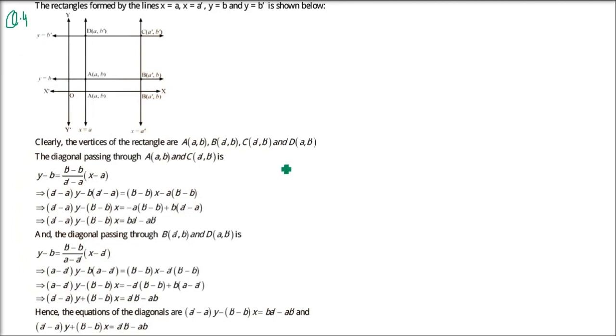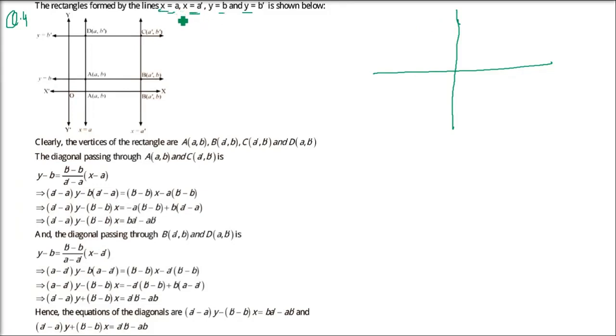So what we have to do here, first we'll make a rectangle through these lines. When we find the rectangle, we will find the corner points or end points of the diagonal. When we have the 2 points for a diagonal, we can find the equation. So there are two diagonals which are going to be made.